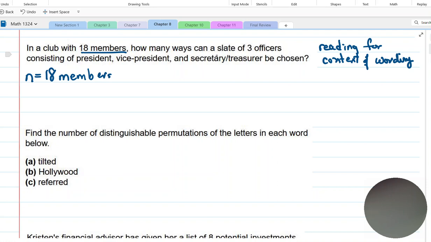How many ways can a slate of 3 officers consisting of president, vice president, secretary, and treasurer be chosen? Well, if we want that, we understand it's unique positions, and you can't have one person hold 2 offices. So in this case, we're going to use the permutation.